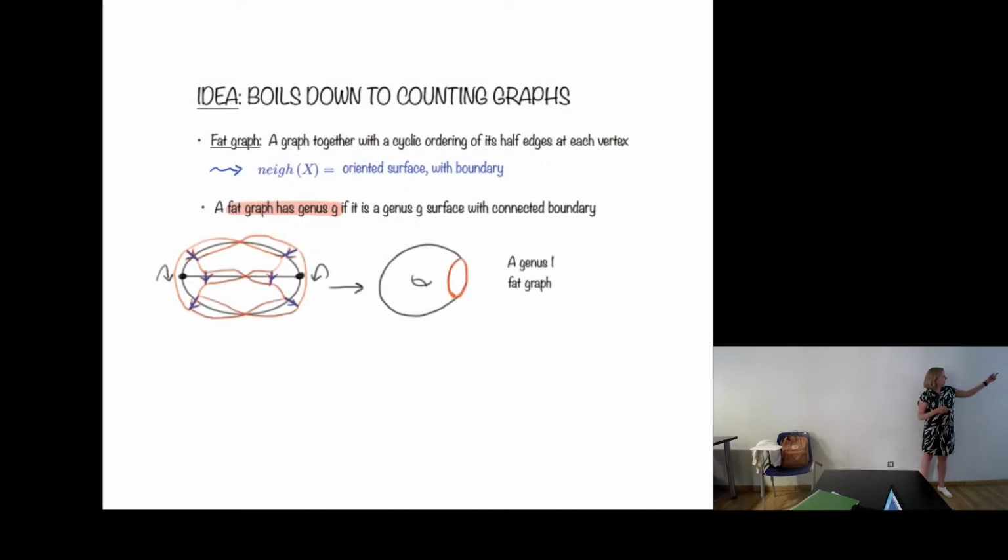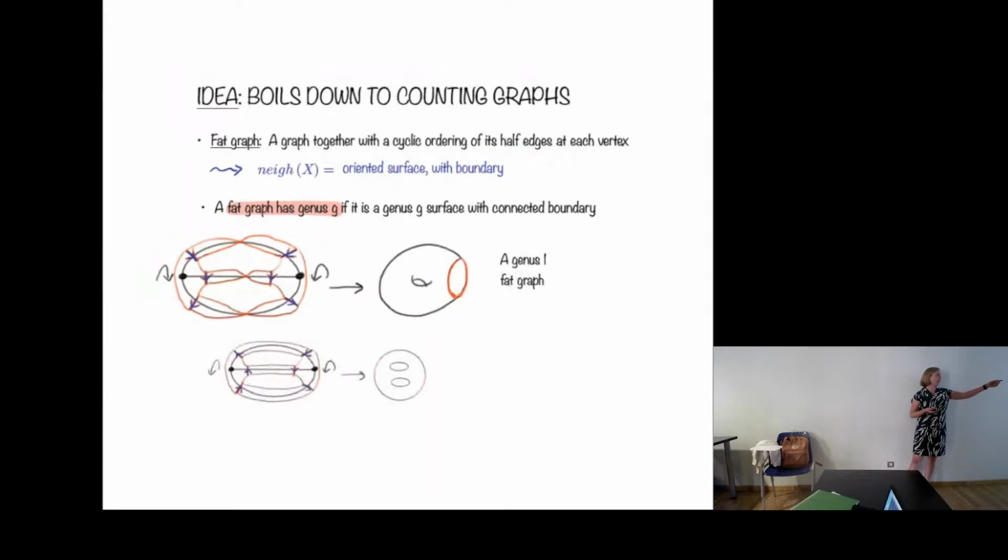If I do that, I get something like this, and you can check that there is exactly one boundary component, and using the Euler characteristic, you see that it has to be a genus 1 surface with one boundary component. So this is an example of a genus 1 fat graph. In this theta graph, there's only one other option for how to orient the vertices. If I did the other orientation, I would actually get a pair of pants, which has more than one boundary component, so that's not what I would want.